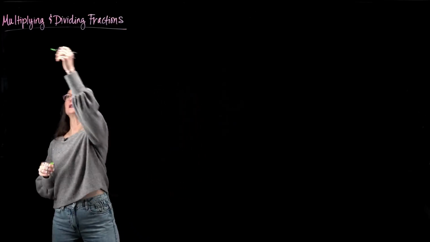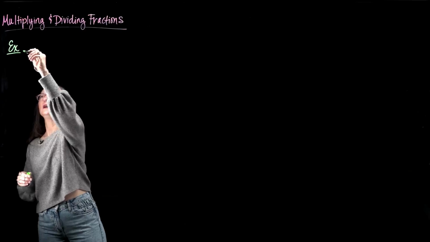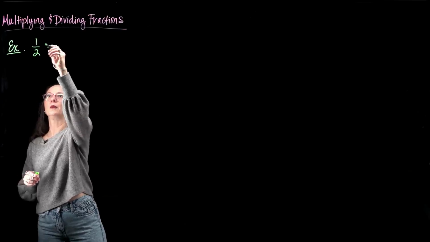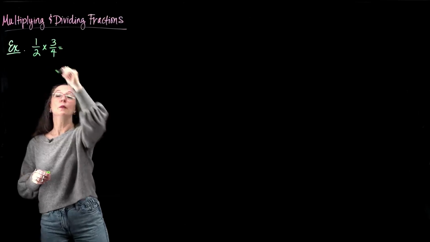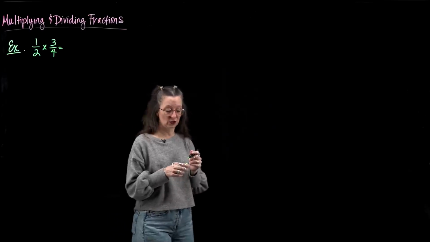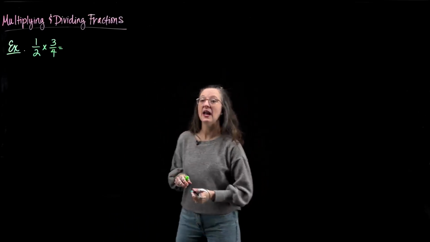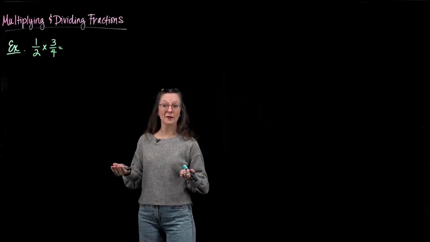So, for example, if I write out the problem 1/2 times 3/4, remember the top part of the fraction is called the numerator and the bottom part of the fraction is called the denominator.